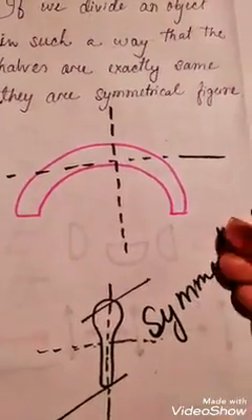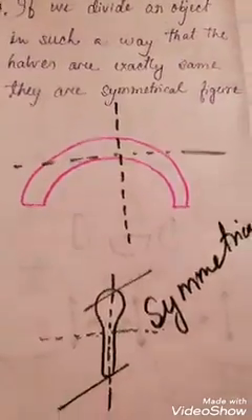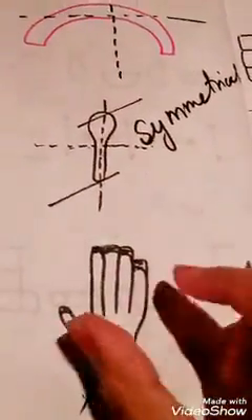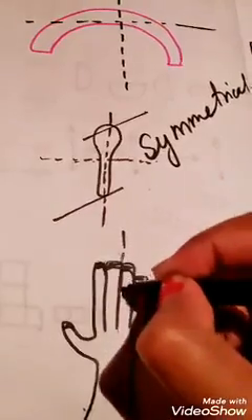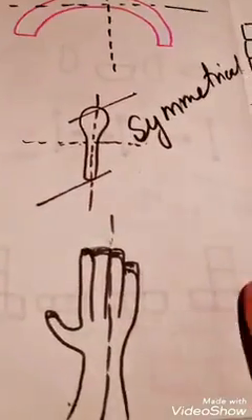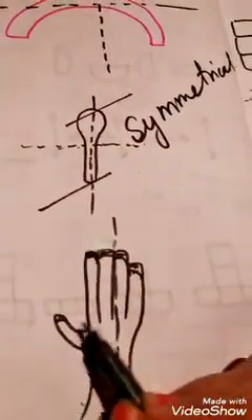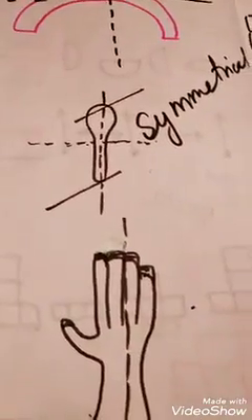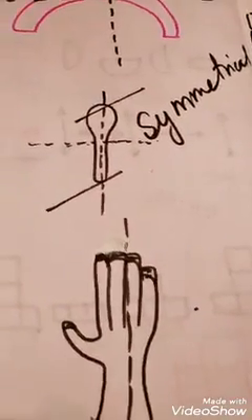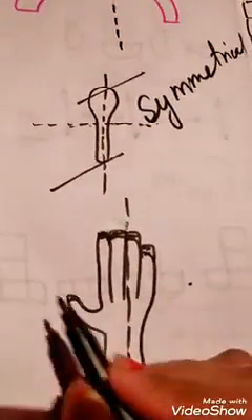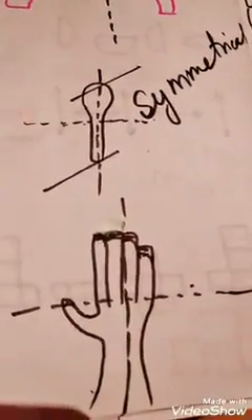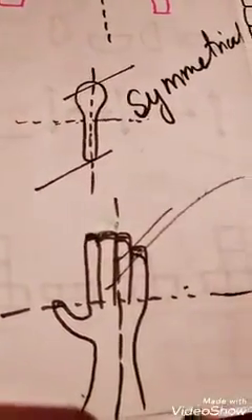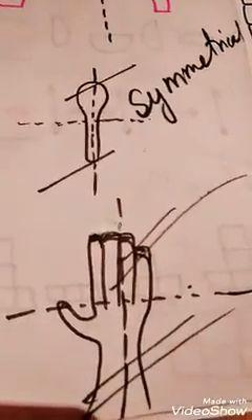But it is not the case for every figure. Okay, so you can see here, this is a hand. If I draw a line of symmetry over here like this, will this portion and this portion be the same? No, they are not the same, right? Similarly, if I draw some line from here, then also this part and this part will not be the same, right?